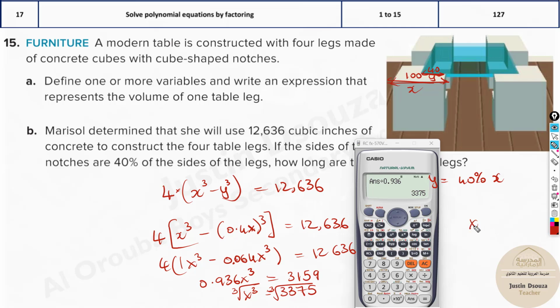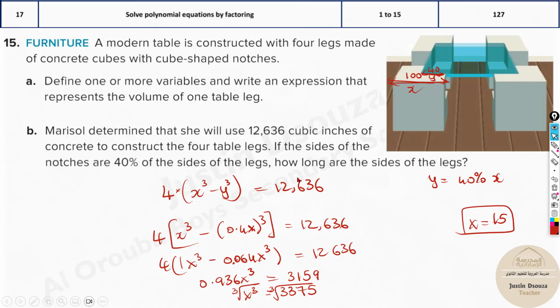Now take the cube root on both the sides. So x is equal to how much? We have 3375, right? Just take the cube root, shift and this with the answer which is saved as 3375. The answer is 15. So over here we get 15, and it's a real number. So what is the dimension?